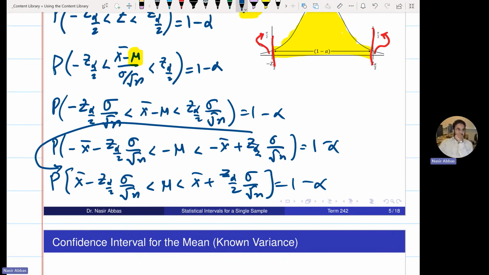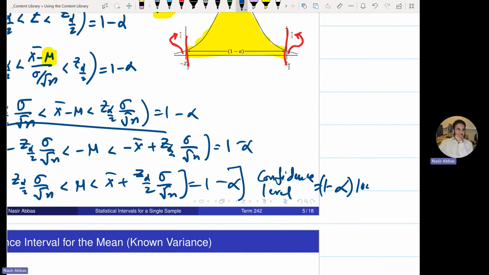This is called an interval estimate, and the probability attached to this interval estimate, how much confidence you have in this estimate, is the probability that your mu will be captured, which is 1 minus alpha. So the confidence level is actually 1 minus alpha times 100%.